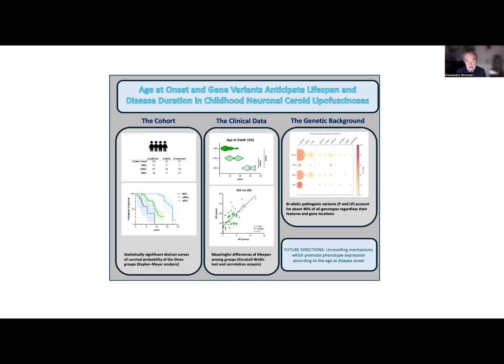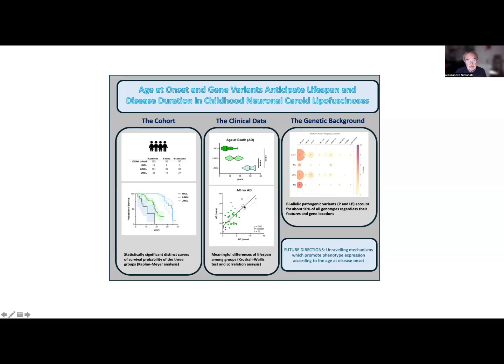The median age at death was 17 years. Statistically significant distinct curves of survival probability were obtained after Kaplan-Meier analysis, as you can see in the bottom sketch of the left column.